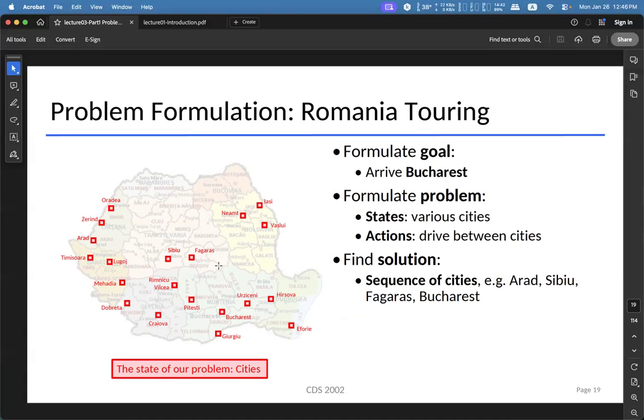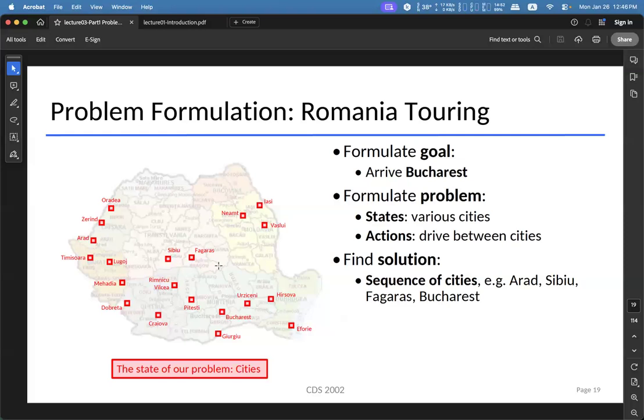When we are traveling from one place to another, we are essentially modifying our location, so the location becomes the state. Here we are listing all the locations that we can travel to with, for example, highway transportation.